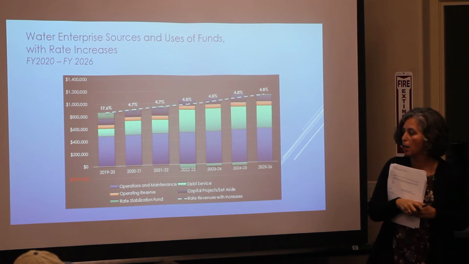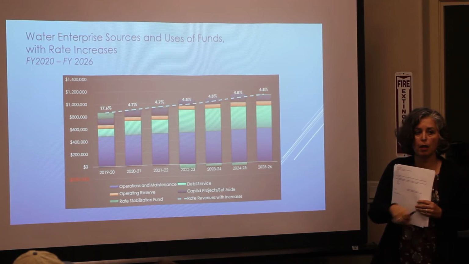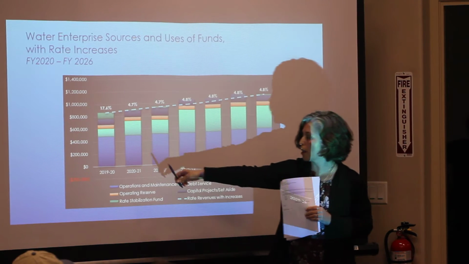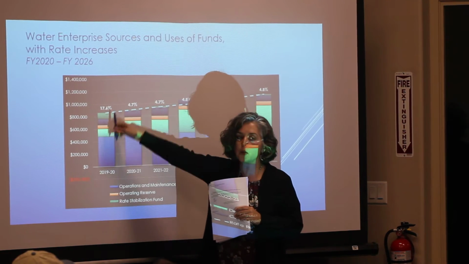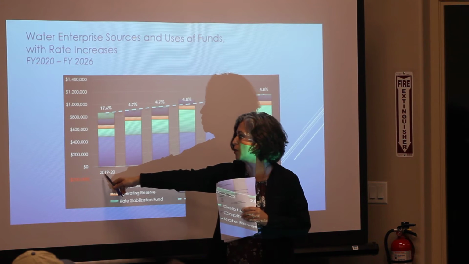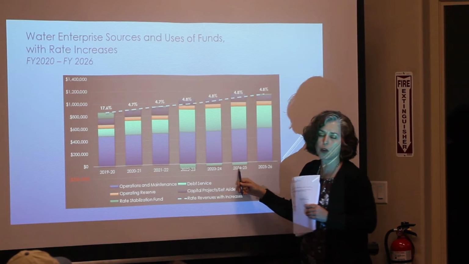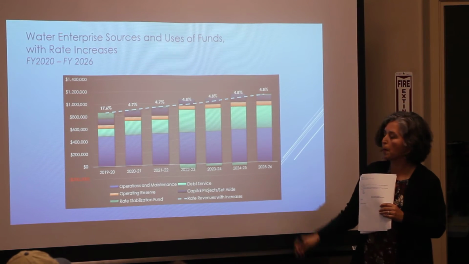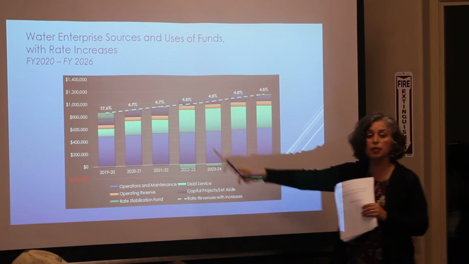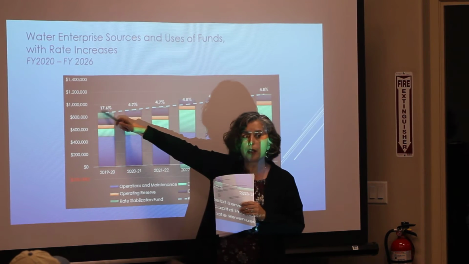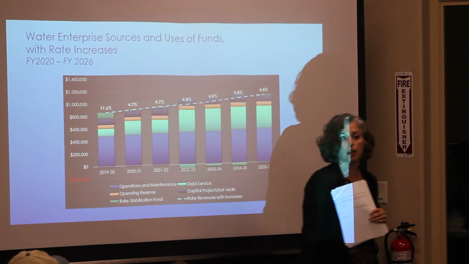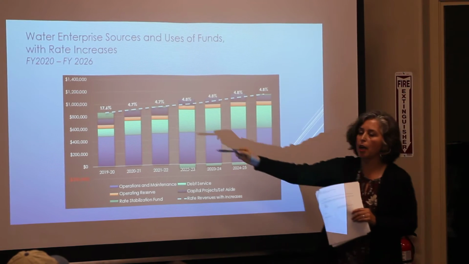The rate proposal goes from 19-20 through 24-25, but that was not adopted in 2019. No, this is the rate proposal. This is revenues including the rate proposal. There was another slide, but that's more than cut for five years.